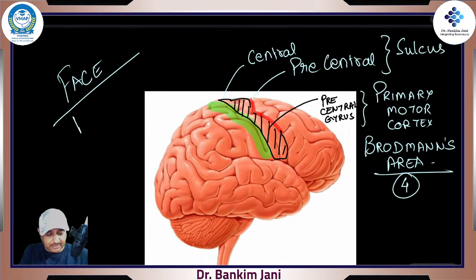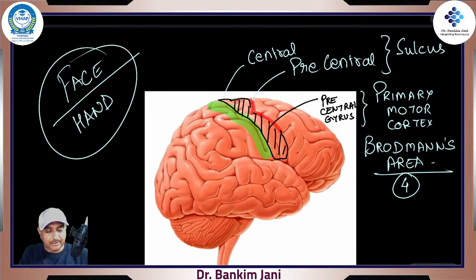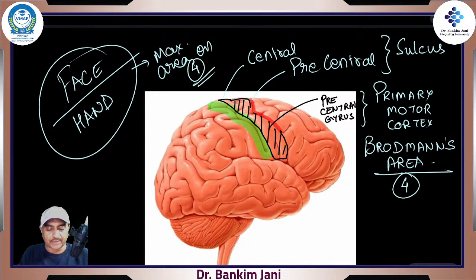So face and hand are given the maximum area on Brodmann's area 4, the motor cortex, because the control is very fine. The back is given only a very small area, because at the most, what can you do with the back? But face and hand are represented large.